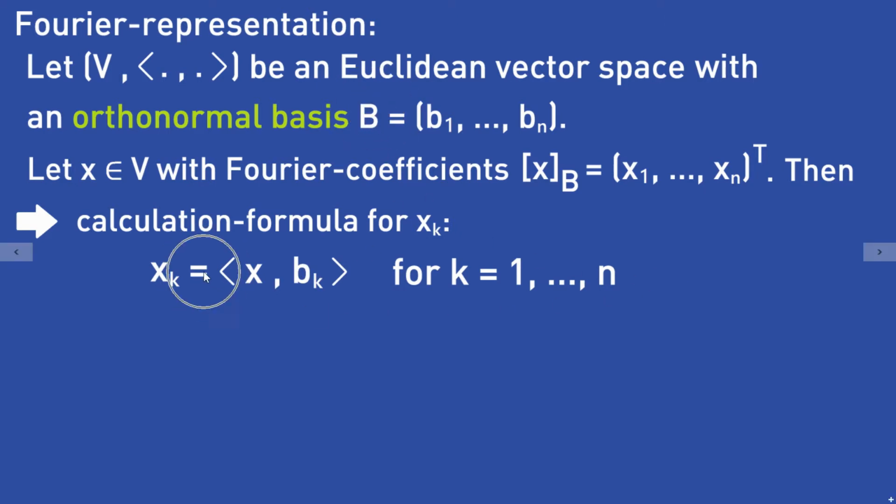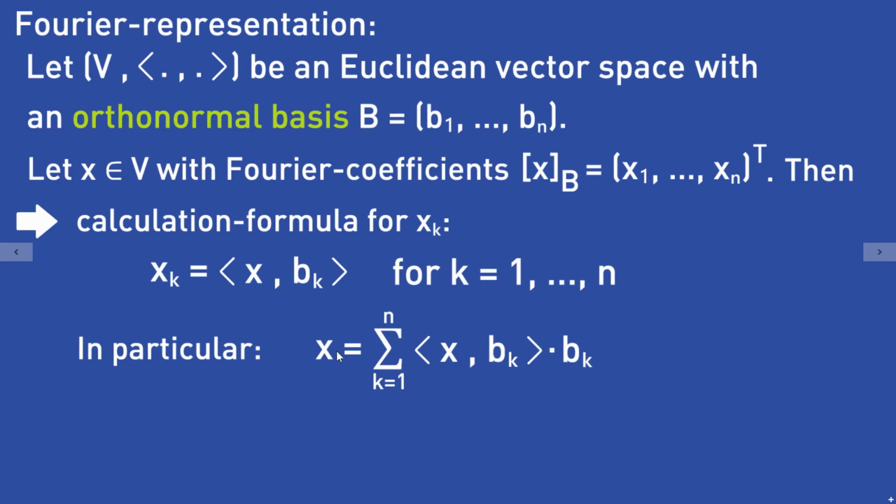That also means that you can represent x the following way by using the orthonormal basis B. x is equal to the sum from k equal to 1 to n of the scalar product of x with bk times bk.